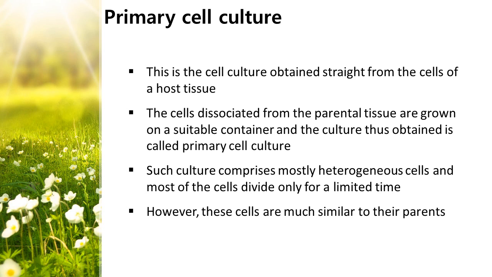This type of culture is called primary cell culture, and mostly it comprises heterogeneous types of cells. These cells can divide only for a limited time period. But these cells are very similar to their parents because they are directly derived from the parents, so they have utmost similarity with them.